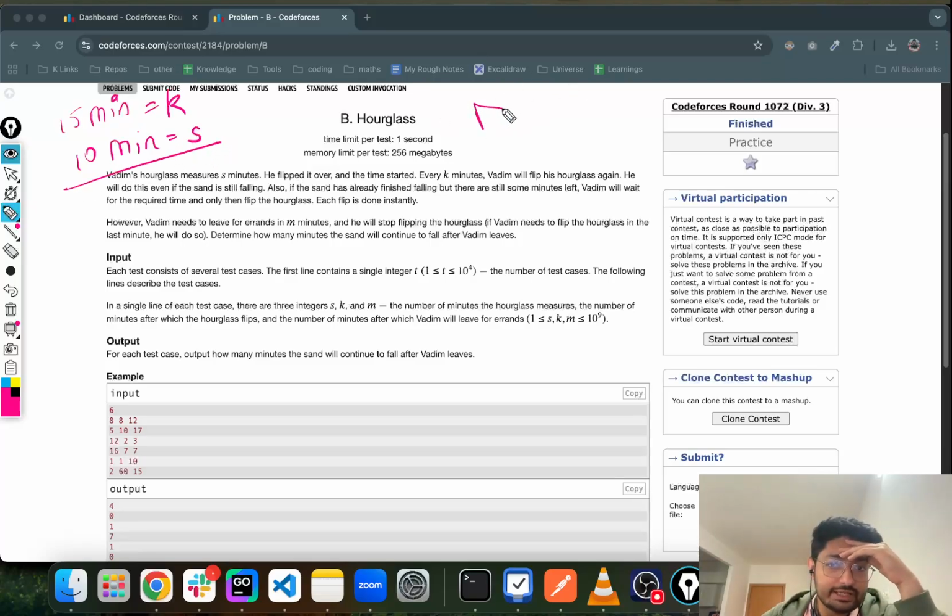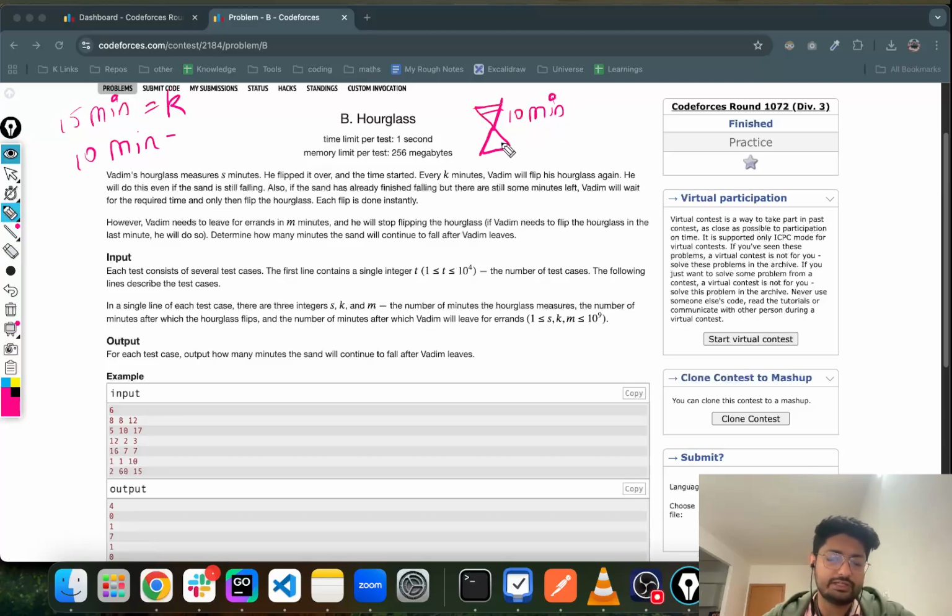So after 10 minutes, you will get out all the sand here, and when you flip it, it's a new flip. So let's assume for the very first time, the sand starts. I'll show it with an example. Let's assume you have the hourglass like this. It has 10 minutes of sand.